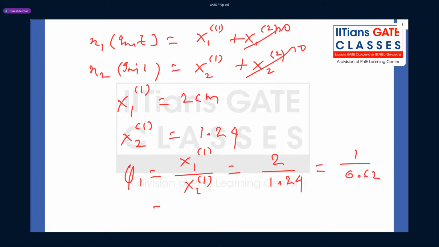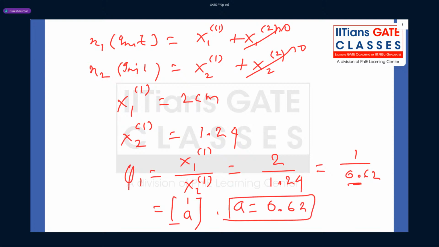This is already given as [1 a]. If you compare this with this, what is the a value? It is 0.62. Clear?